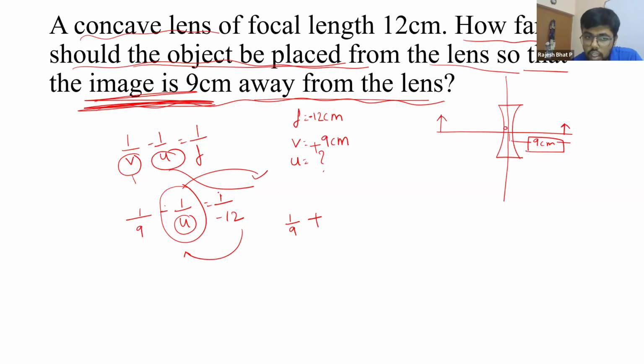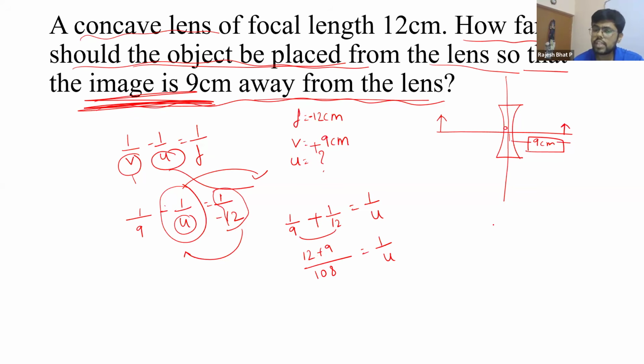See this full thing. Basically the minus is for this entire number. This is a fractional number. So it becomes positive. This goes to the other side, negative becomes positive. Now very simple. Do whatever I said, LCM or butterfly technique. 12 nines are 108.